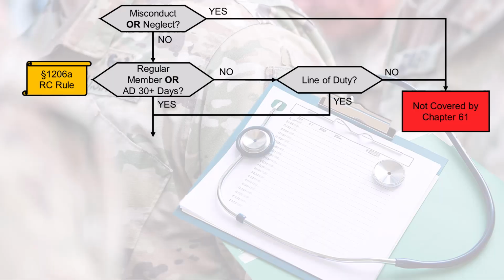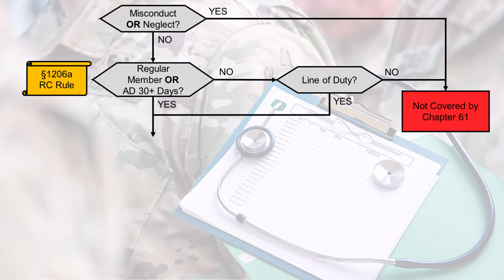Now, before we go on, there is one important rule about reserve component folks that you may have seen in action but not really understood what was going on. This is in section 1206A of Title 10.